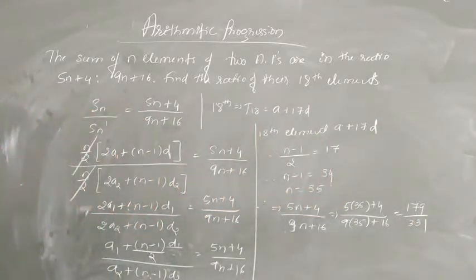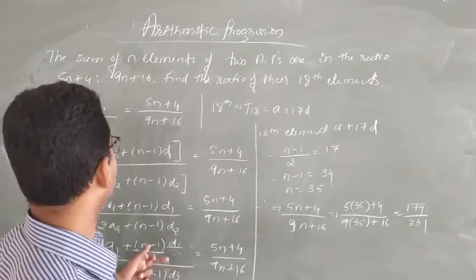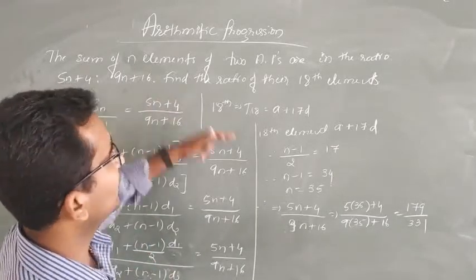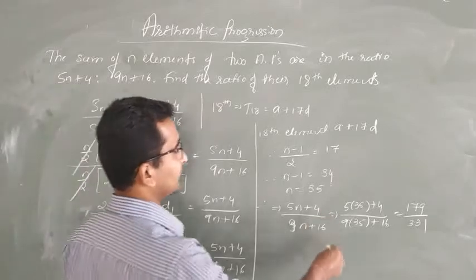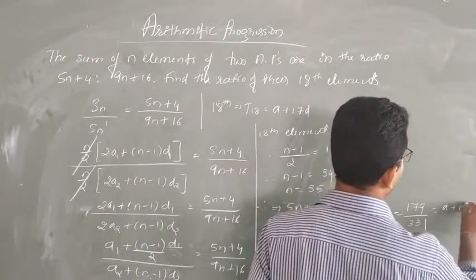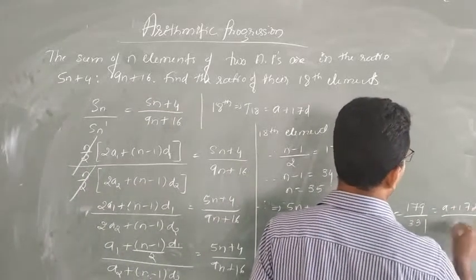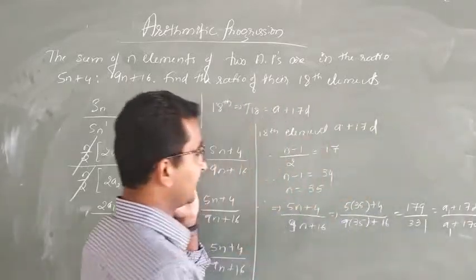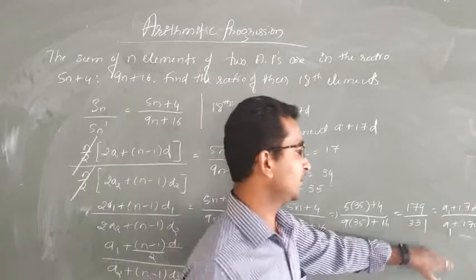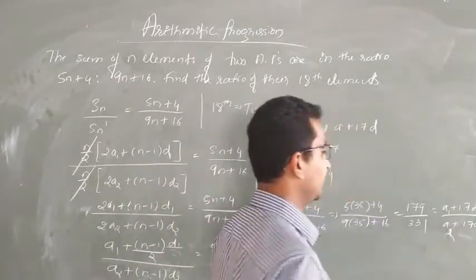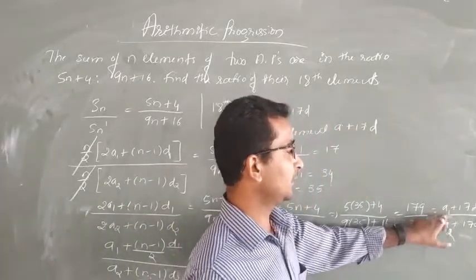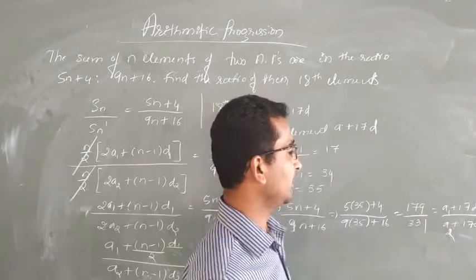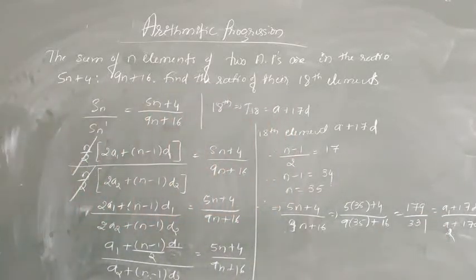So that is the ratio of the 18th elements. You can write this as (a1 plus 17 d1) divided by (a2 plus 17 d2). So the ratio of the 18th elements is 179 divided by 331.